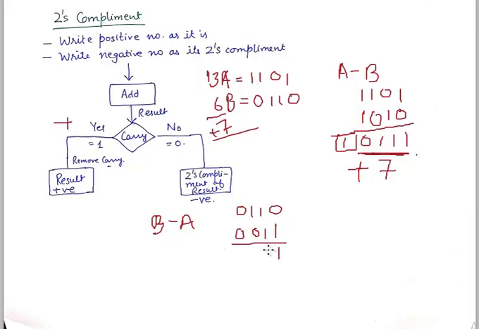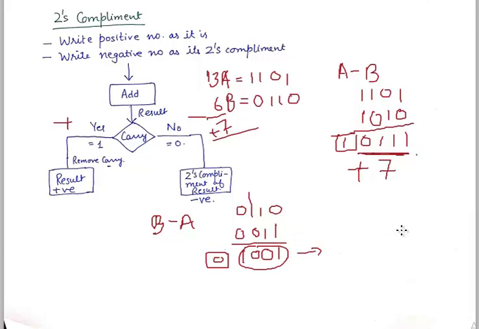So if I add it, it becomes 0 and 1 and 1, 0 and then 1 without a carry. So if I do not get a carry, I know the result is going to be negative for sure. And when the result is negative, I simply need to do a 2's complement of the result. And mind it, this is the result only, and I do the 2's complement of this.